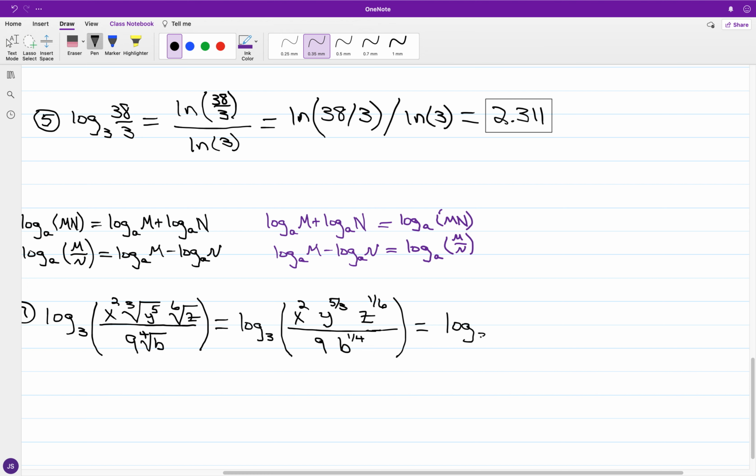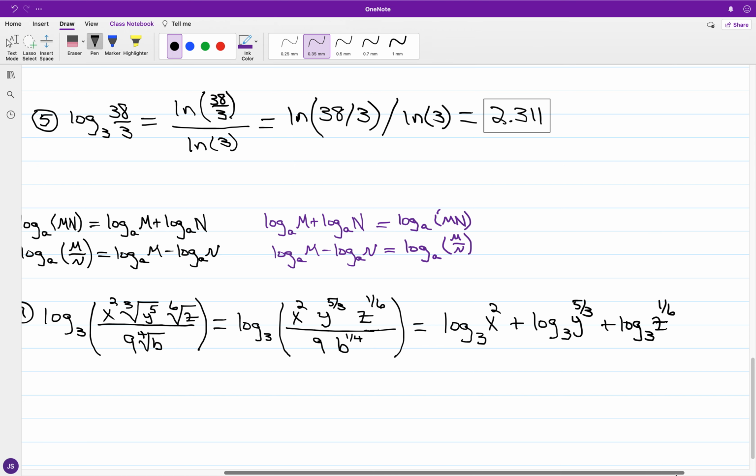So we have a base 3 logarithm of x squared, and we have plus the base 3 logarithm of y to the 5/3, and we have plus the base 3 logarithm of z to the 1/6.